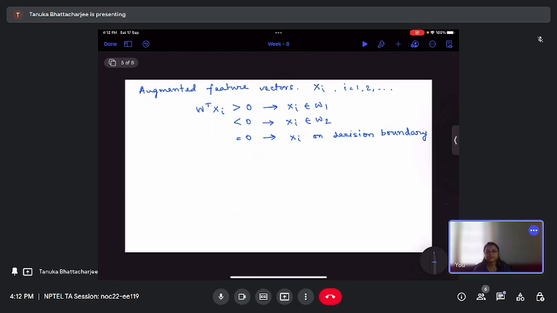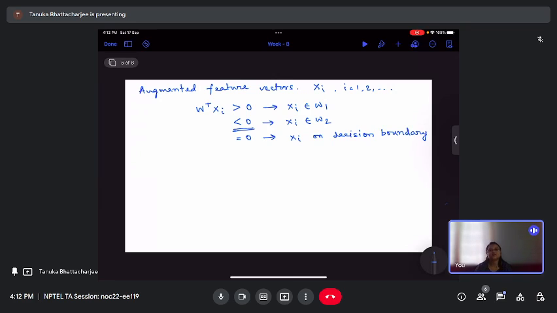Now, let us say in your training data you have two classes omega 1 and omega 2. Let us say you multiply all samples coming from class omega 2 by minus 1. Here you had the condition that w transpose xi should be less than 0 for the xi belonging to omega 2.